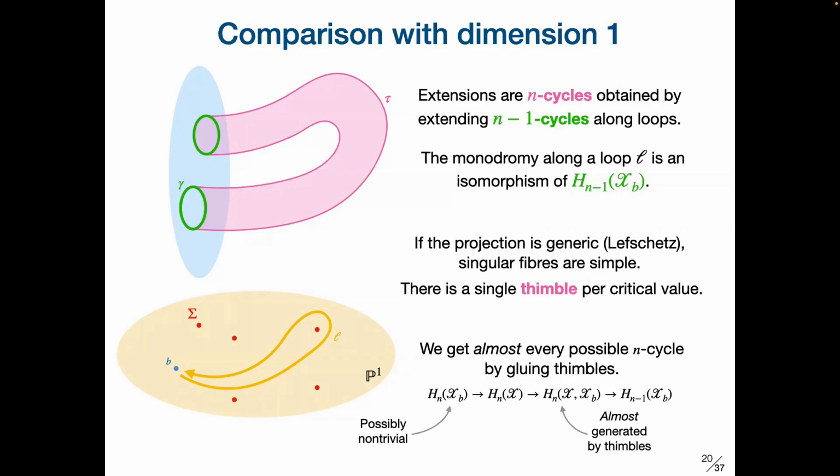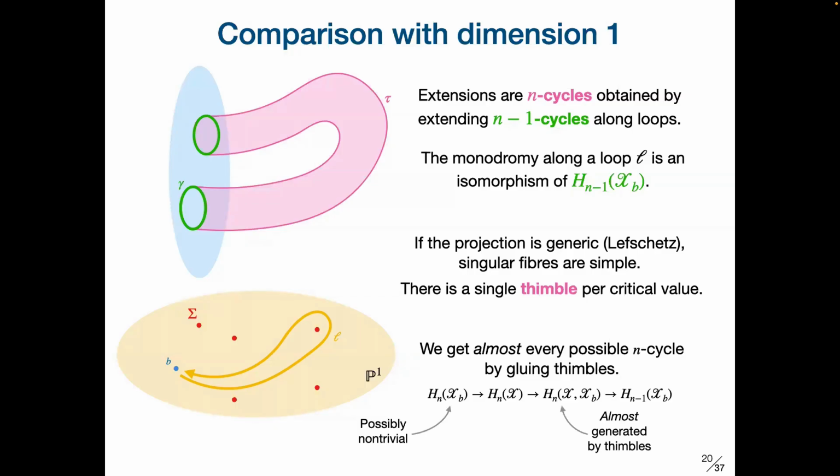The monodromy along a loop is going to induce an isomorphism of the space of n-1 cycles, and your extensions are going to close off precisely when the monodromy along the same loop matches the cycle you start with to itself. If this hypersurface is smooth and if the projection is generic, then all the singular fibers are very simple. This is why they have this simple monodromy structure.